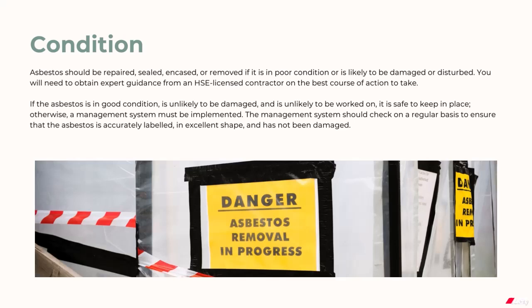If the asbestos is in good condition, is unlikely to be damaged, and is unlikely to be worked on, it is safe to keep in place. Otherwise, a management system must be implemented. The management system should check on a regular basis to ensure that the asbestos is accurately labeled, in excellent shape, and has not been damaged.